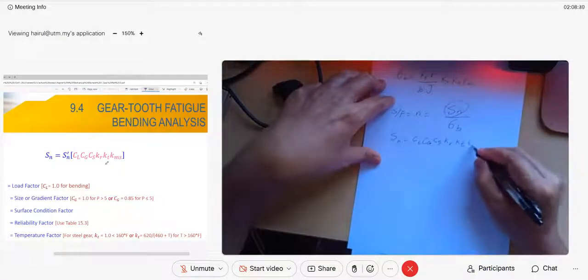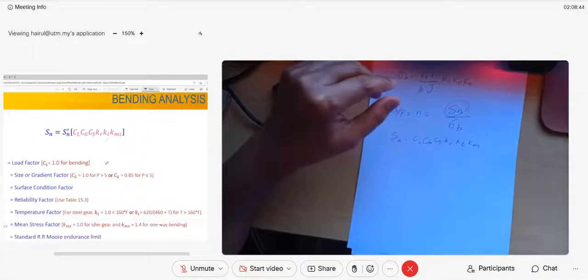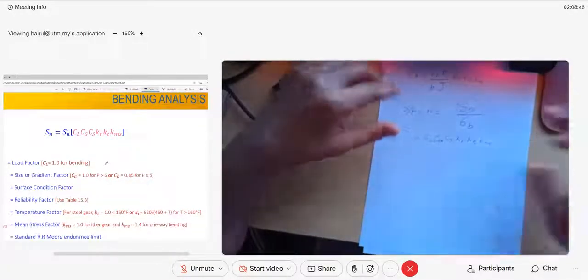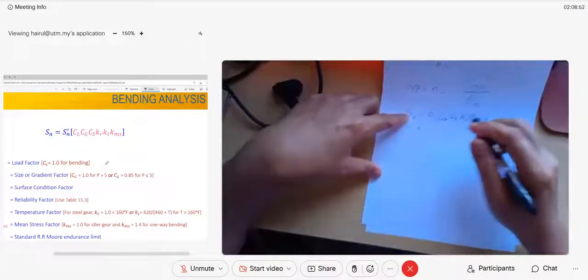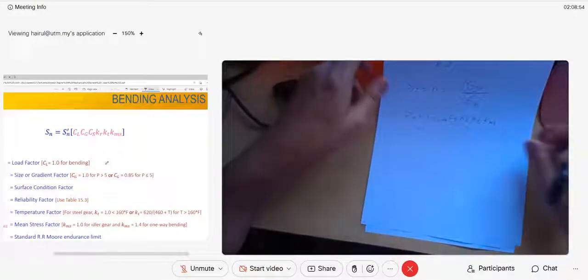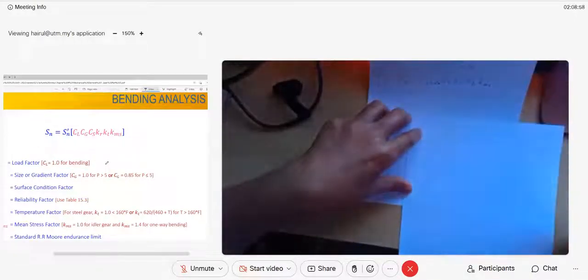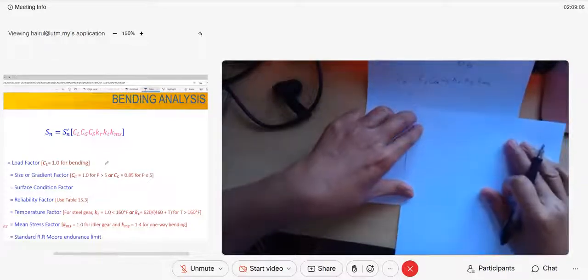And your KMS is the mean stress factor. This I explain to you. CL is just typical. Remember when you do load, CL is the load factor, because a gear is always in bending. For a shaft, if you have load, you use the table in chapter 8: axial is different, torsion is different.